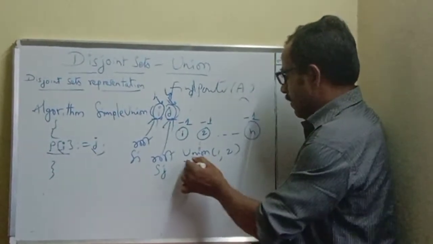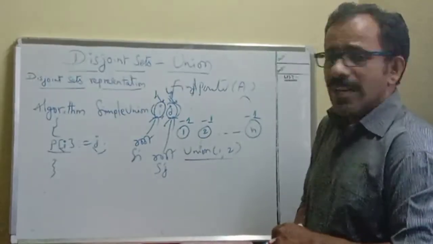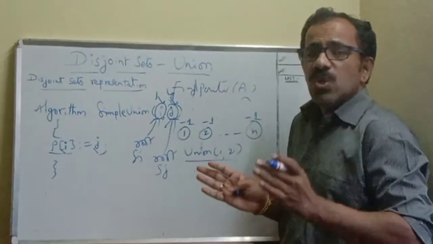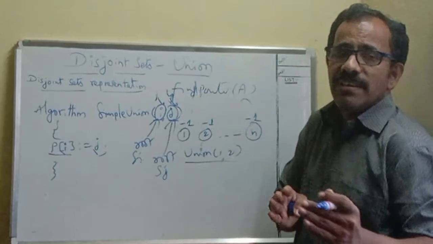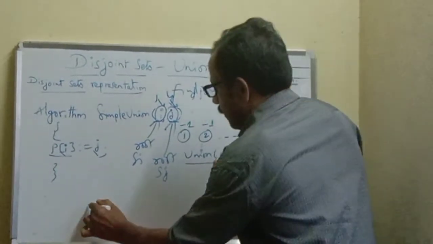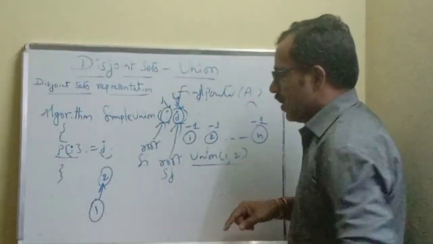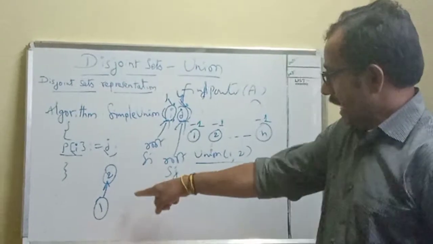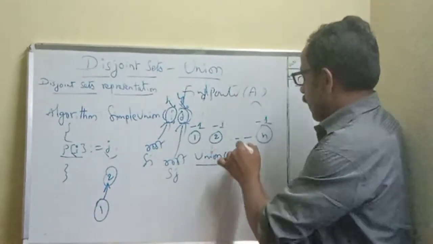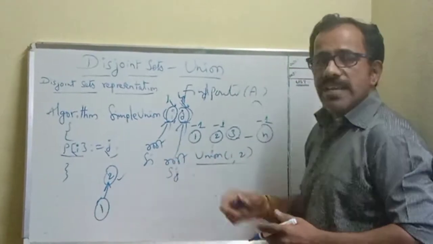Now what do you mean by union of 1, 2? In the simplest union procedure, we just combine two trees by making the first tree root node a child of the second tree. What is the first tree root node? 1. What is the second root node? 2. Just make 1 a child of 2. Then I can combine it like this. Next, what is the next node? 3. The combined tree root node is 2.